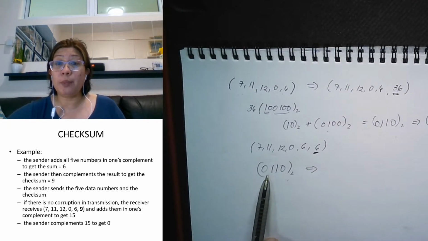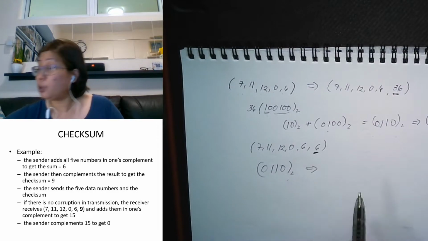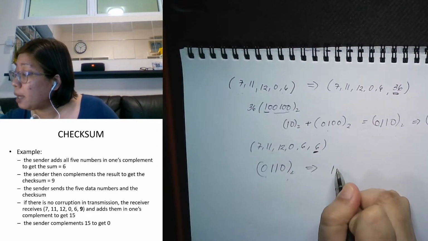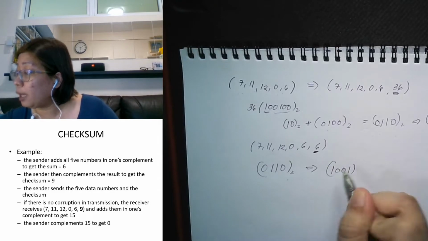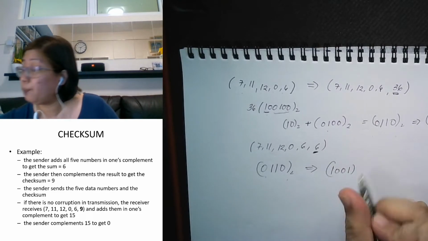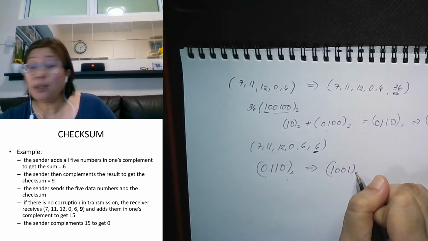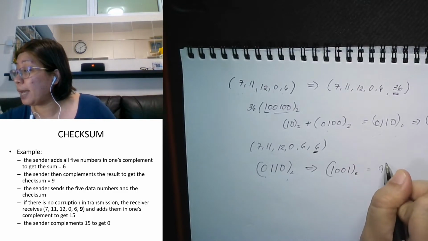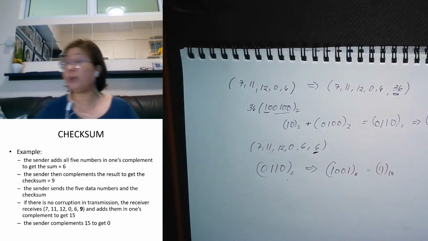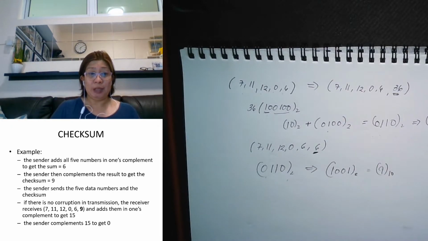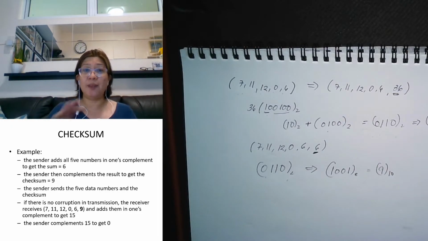We just change all zeros to ones and all ones to zeros. So therefore, this will become 1001. 1001 in decimal represents the number 9. So therefore, 6 and 9 are complements of each other.